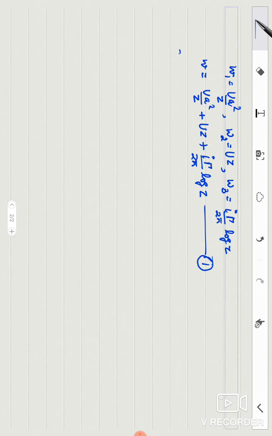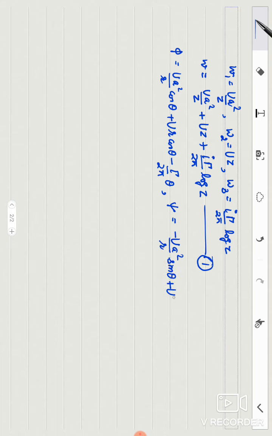You will get phi is equal to u a square upon r cos theta plus u r cos theta minus gamma upon 2 pi theta, and psi will come out to be minus u a square upon r sin theta plus u r sin theta plus gamma upon 2 pi log r.